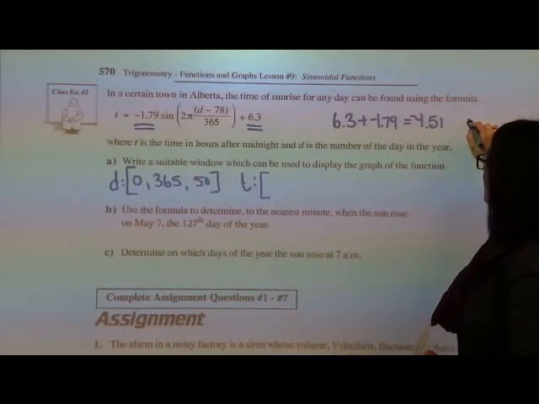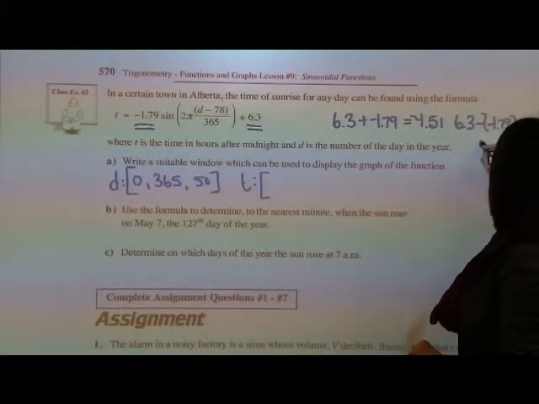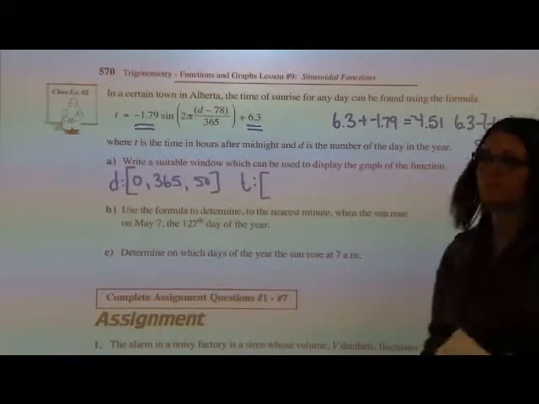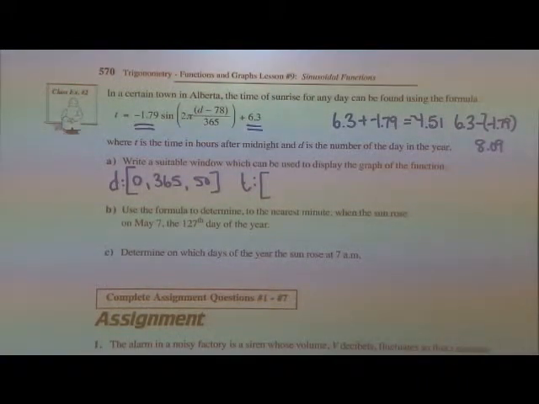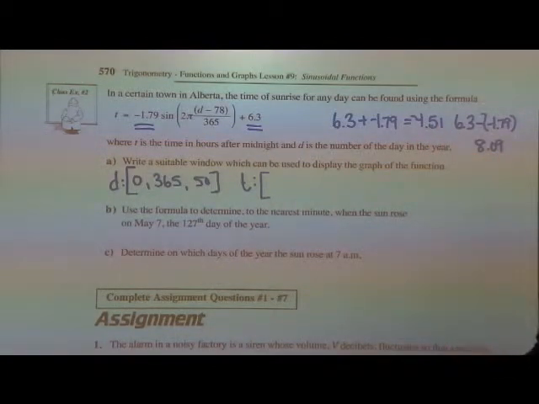And if I subtracted them, 6.3 minus negative 1.79, I would get 8.09. Which means in this particular Alberta town, sunrise varies from just about 5 o'clock in the morning to just about 8 o'clock in the morning.